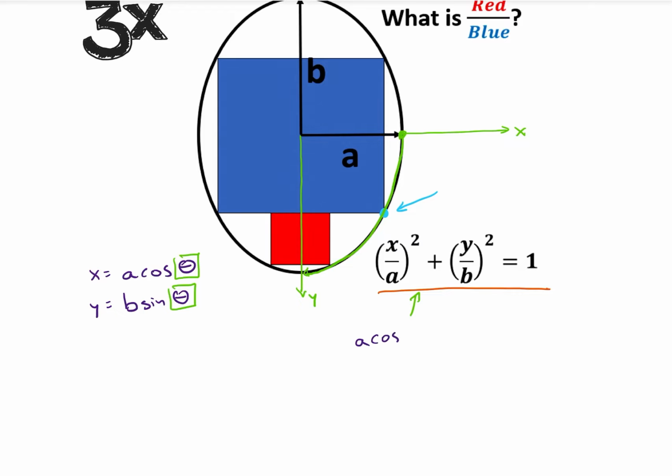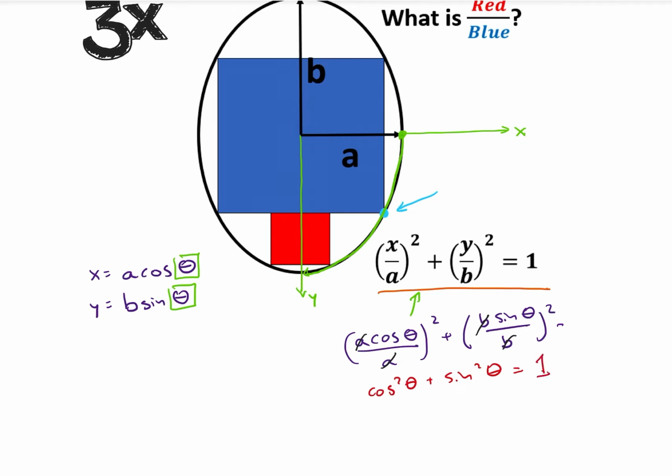If I plug in a cosine of theta instead of x, divide that by a and square it, and then plug in b sine of theta divided by b, square it, a few things cancel. My b's cancel, my a's cancel, and I'm left with cosine squared of theta plus sine squared of theta, which is equal to 1, basically because of the Pythagorean theorem.